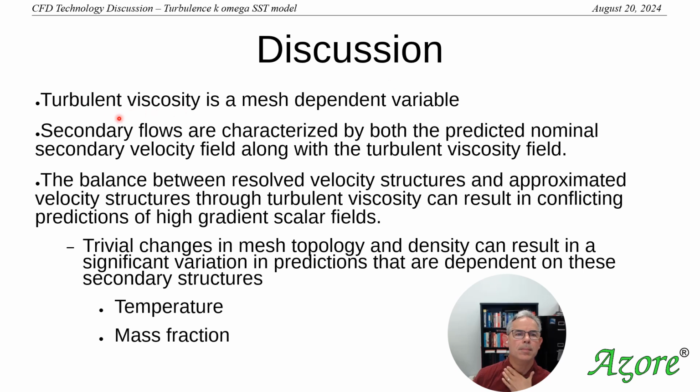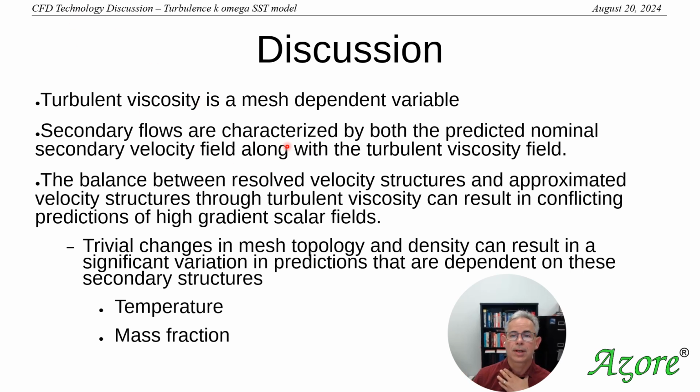So here, just a final discussion after this simple example, is that the turbulent viscosity is a mesh-dependent variable because you choose the division between what flow structures are captured and what are not. And so the turbulent viscosity needs to respond to that.